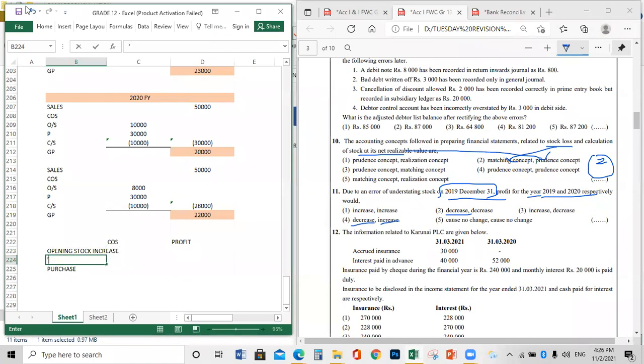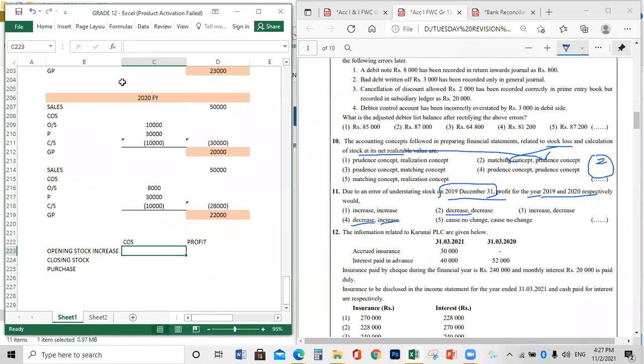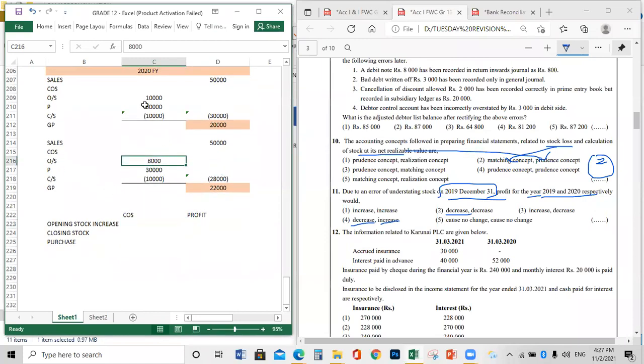Based on what we found out just now, you can come to a conclusion. When opening stock is increasing, see here the opening stock was 8,000, it increased to 10,000. When opening stock increases, what happens to cost of sales? Your cost of sales also increases. If your cost of sales increases, what happens to profit?